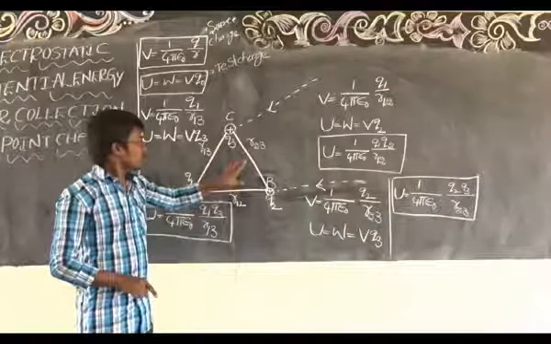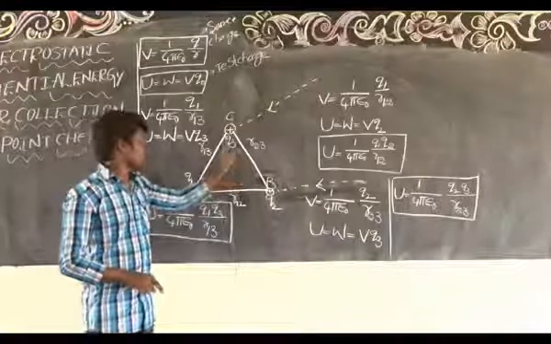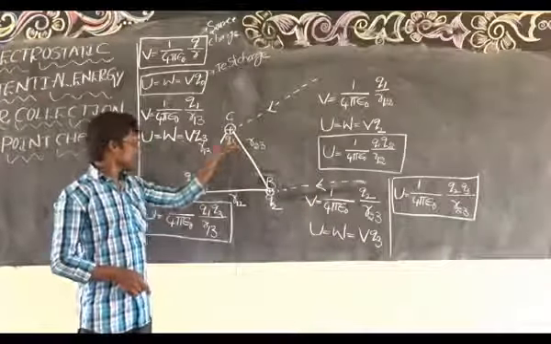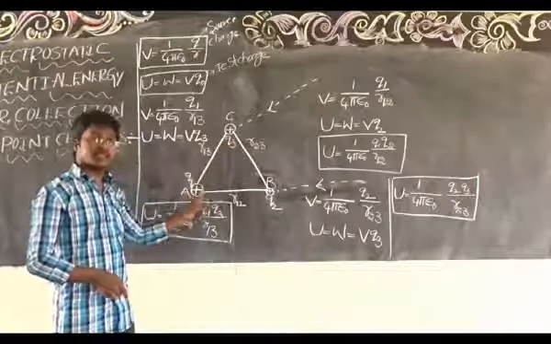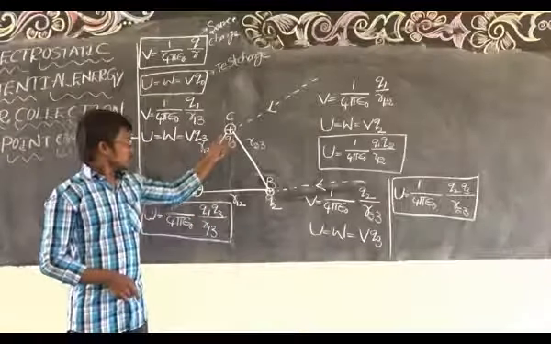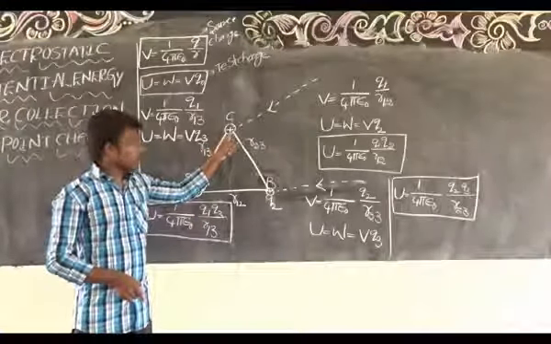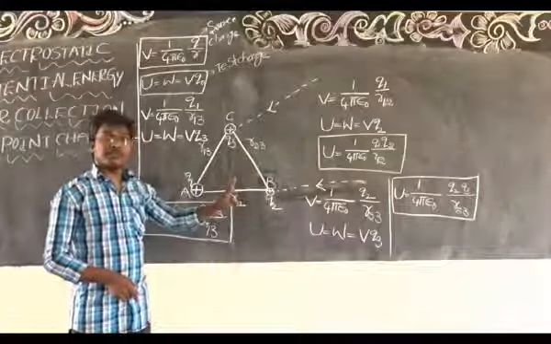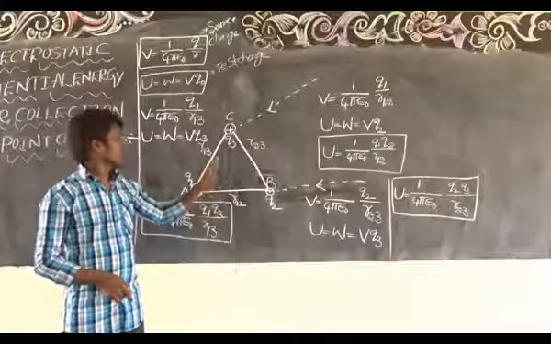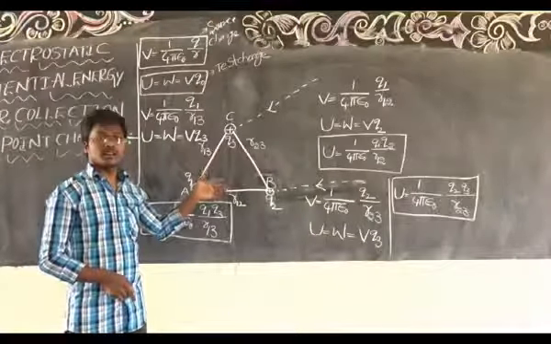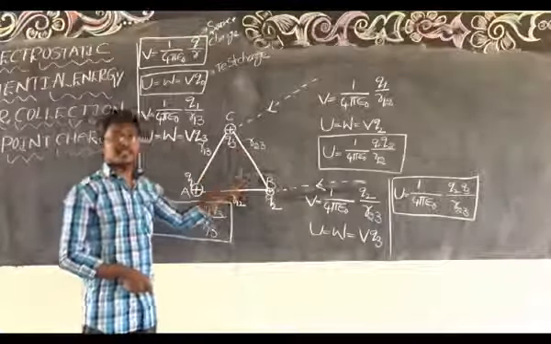Now, first we found at point C electrostatic potential due to first charge. After that, electrostatic potential at point C due to second charge. We found two relations. Now, still 5 minutes class is there. Listen.